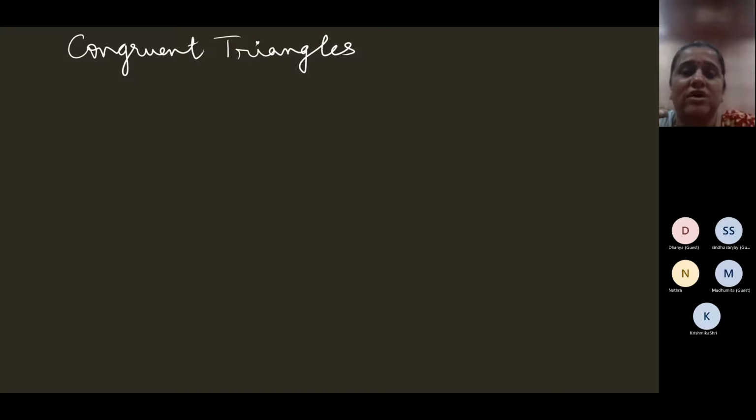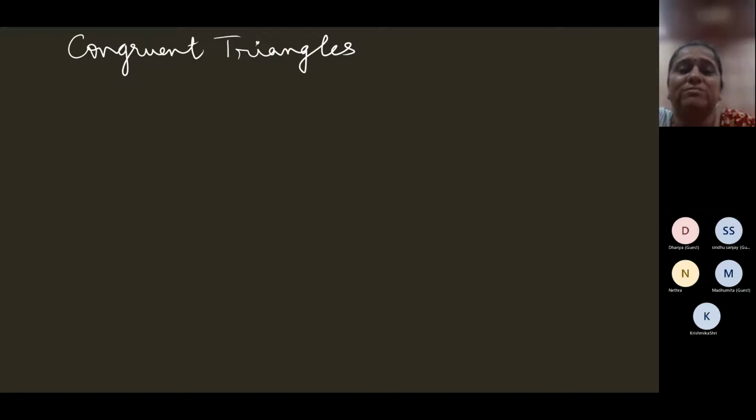If you place one triangle over the other one, you rotate it and you place it in such a way that they coincide, one triangle superimposes the other triangle. That is, when you place one over the other in a particular way, the triangle below is covered completely. So then the two triangles are said to be identical or congruent to each other.